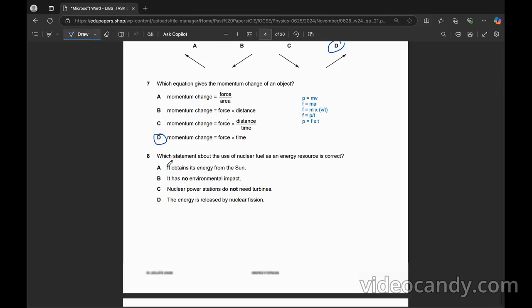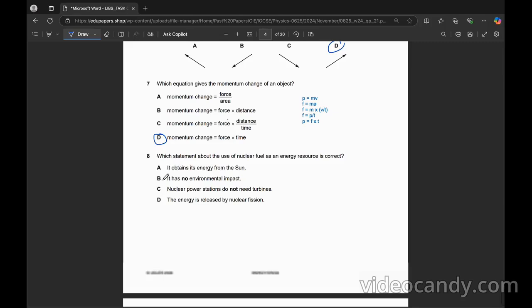And it has no environmental impact. This is also incorrect because nuclear waste is a huge deal in terms of the environment, because when it decays and emits radiation, it does harm the living things around the surroundings. So that would be wrong as well.